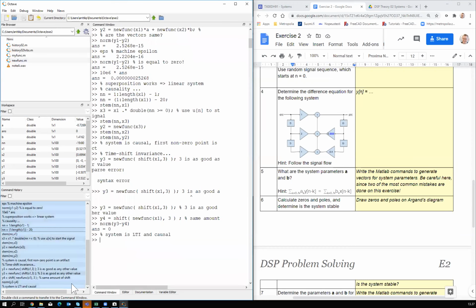Now I have that part already in a safe place. So next, let's go to exercise or part number 3, which is to determine the difference equation for the following system. I might actually do something like that on video camera, making a system from the flow diagram to show you how it actually works.